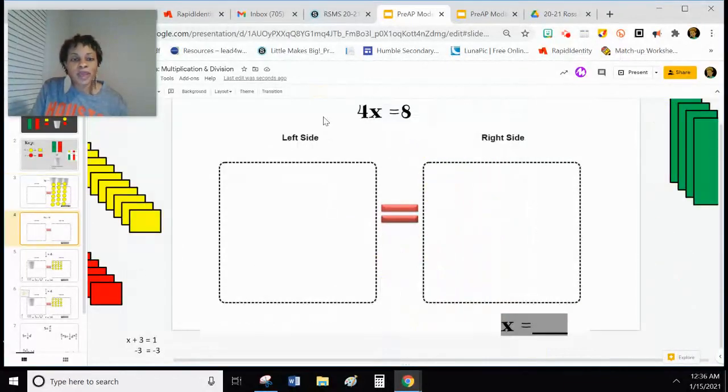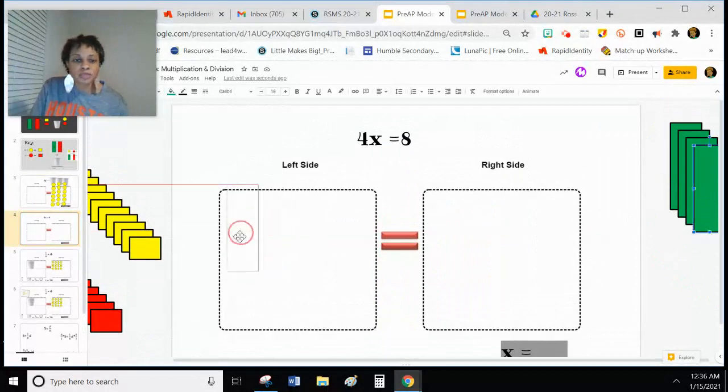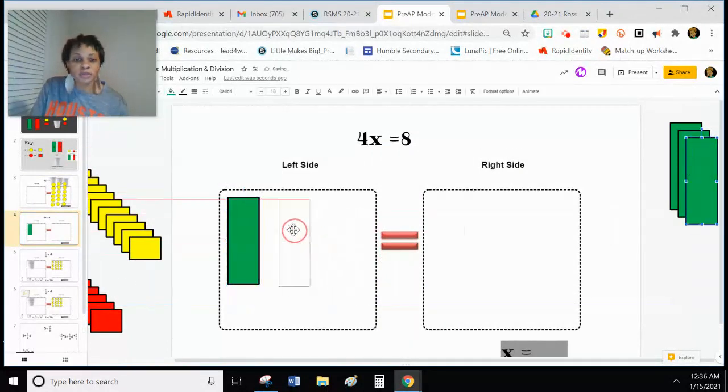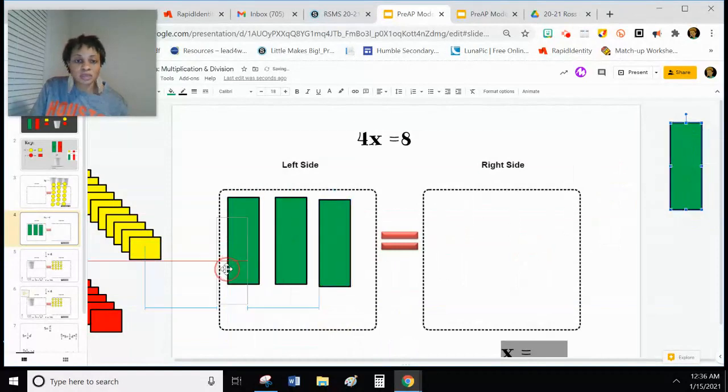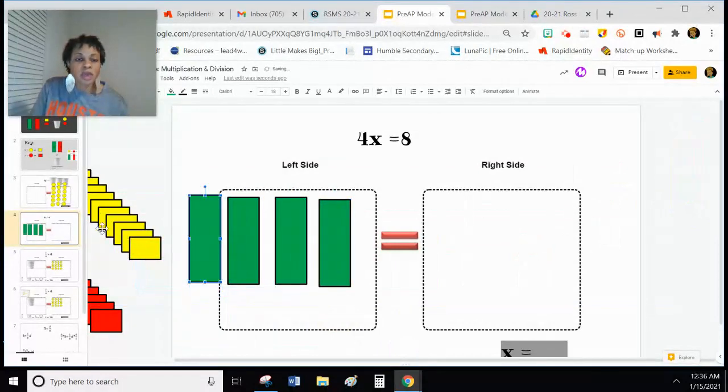So here we have 4x equals 8. This time I'm going to represent this with algebra tiles, and I'm going to do 4 green bars. And then I'm going to put 8 counters.